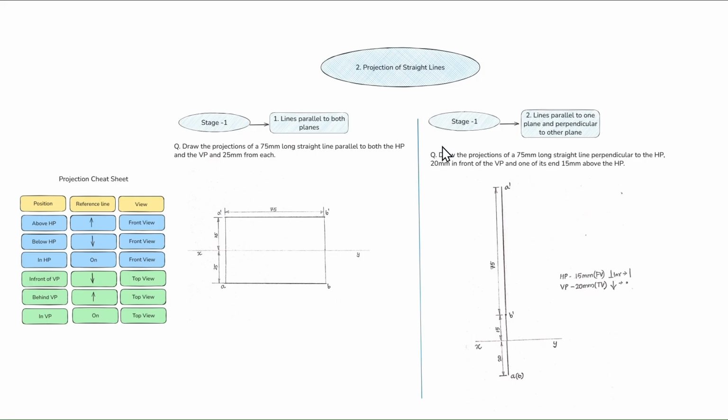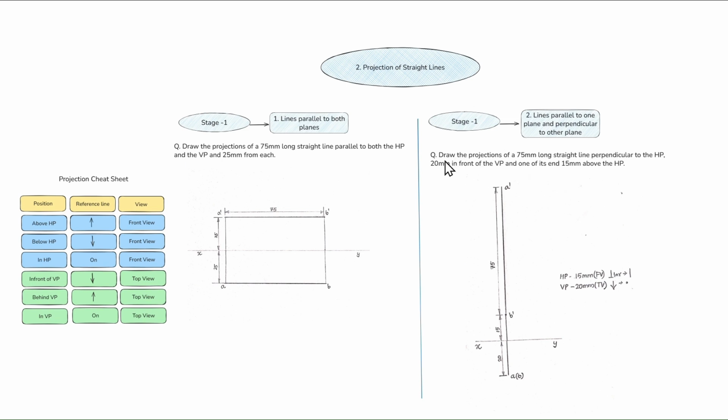The second concept in stage 1 is lines parallel to one plane and perpendicular to the other plane. This is another kind of question most exams ask.